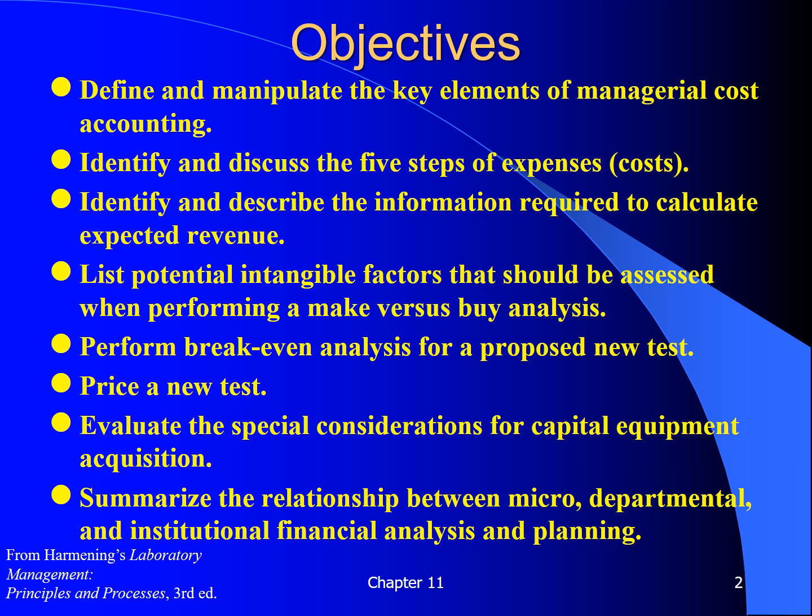Perform break-even analysis for a proposed new test. Price a new test. Evaluate the special considerations for capital equipment acquisition. Summarize the relationship between micro, departmental, and institutional financial analysis.